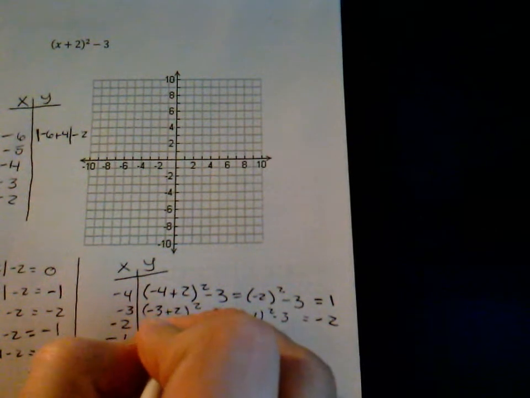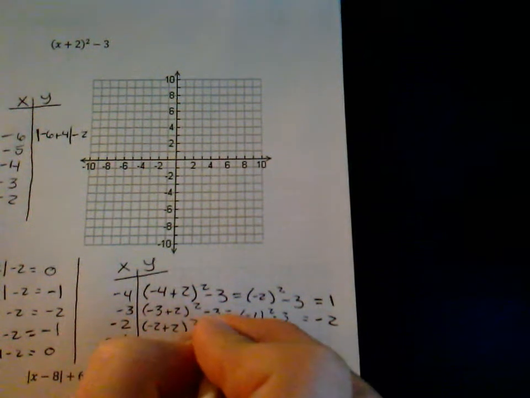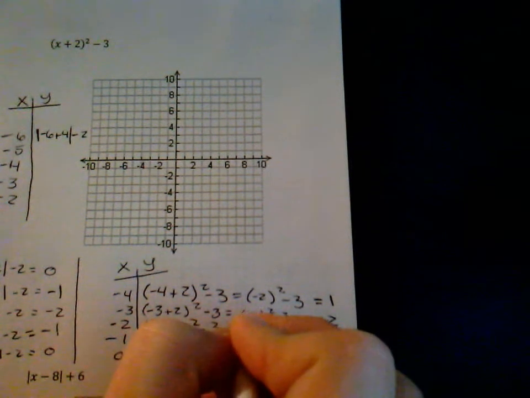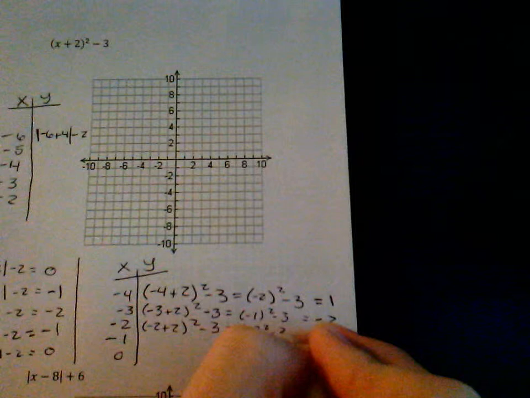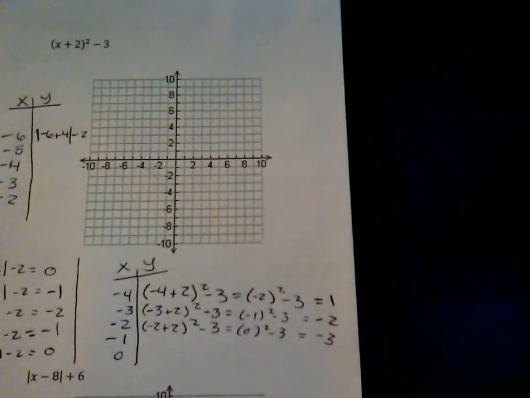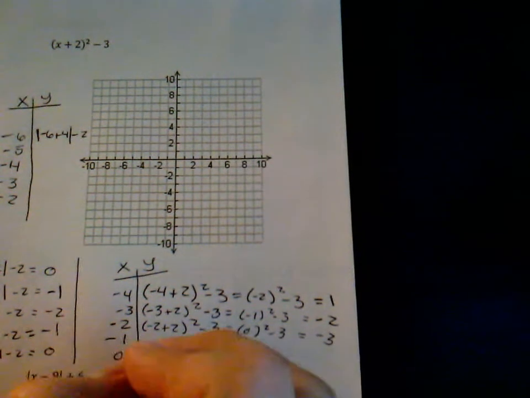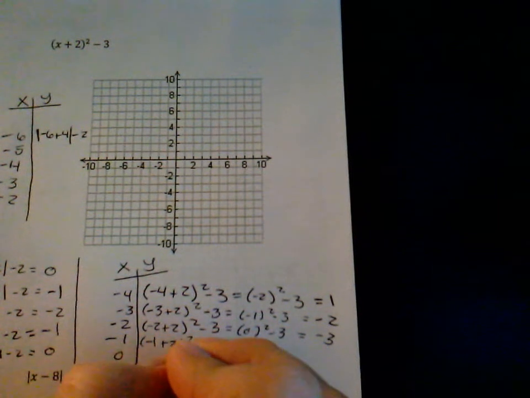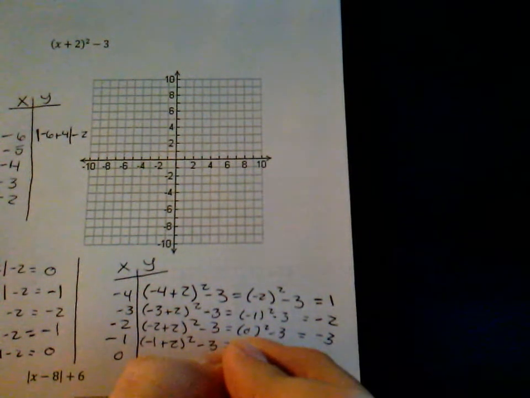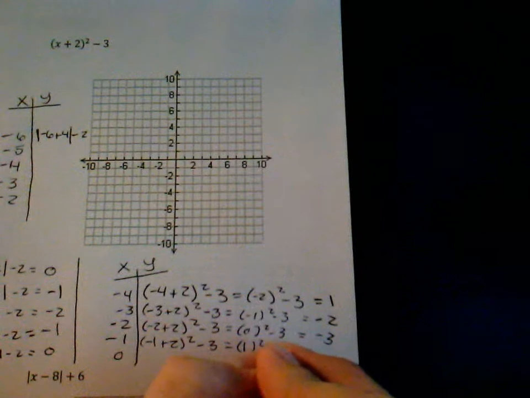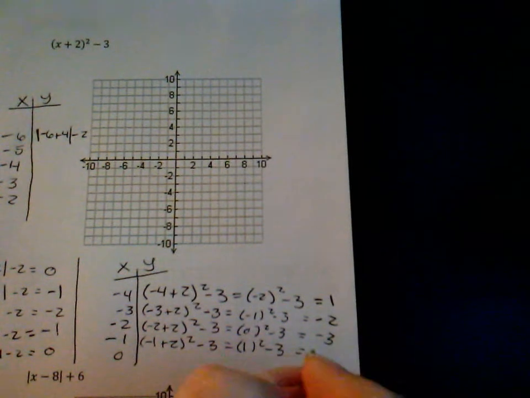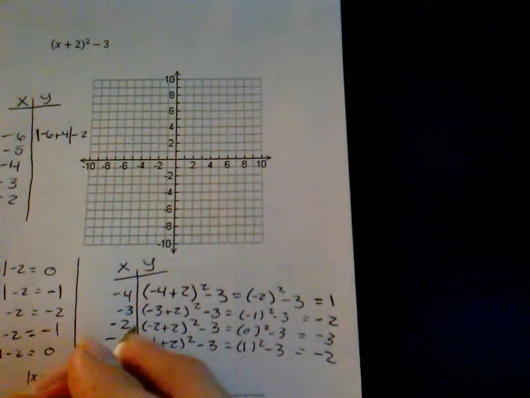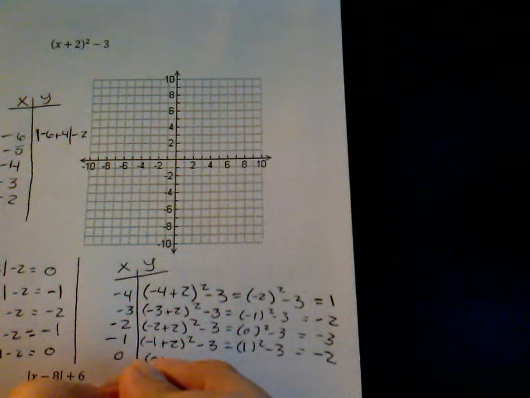Negative 2 plus 2 squared minus 3 gives us 0 squared minus 3, which is just negative 3. The next one, which would be negative 1 plus 2 squared minus 3, will give us 1 squared minus 3, which just gives us negative 2, and then with 0.